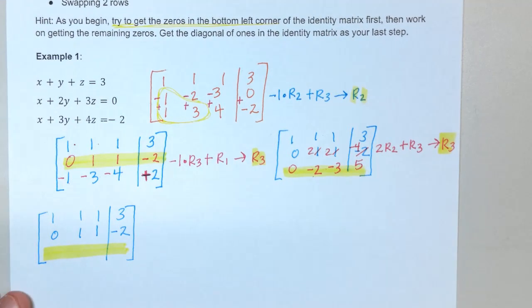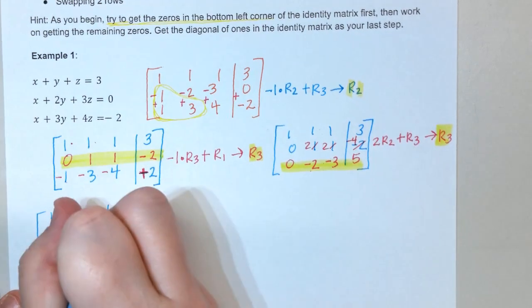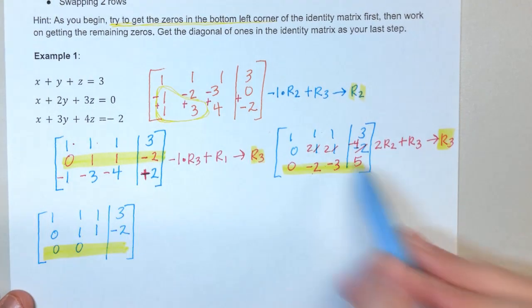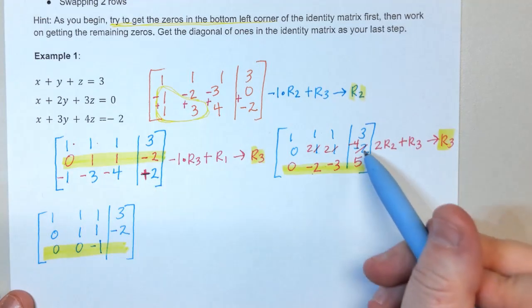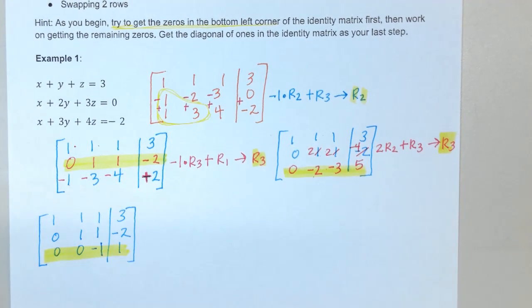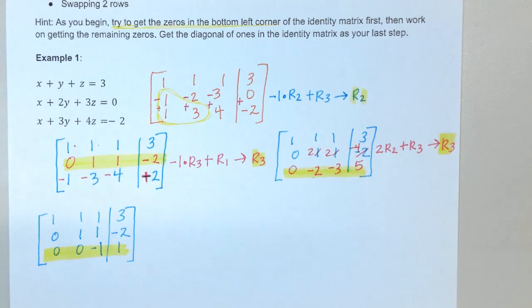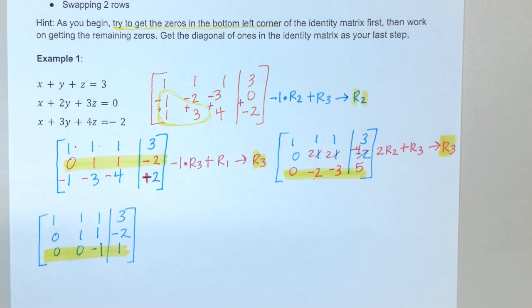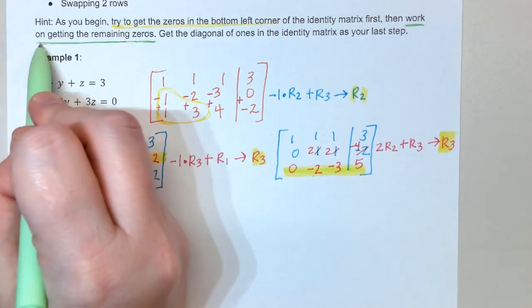And then when I add them together, 0 plus 0 is 0. 2 plus negative 2 is 0. 2 plus negative 3 is negative 1. And negative 4 plus 5 is 1. So did we get zeros in the bottom left quarter of our identity matrix? Yes. Okay.